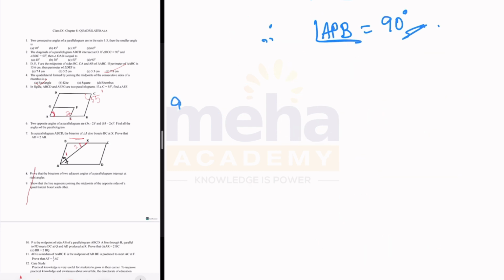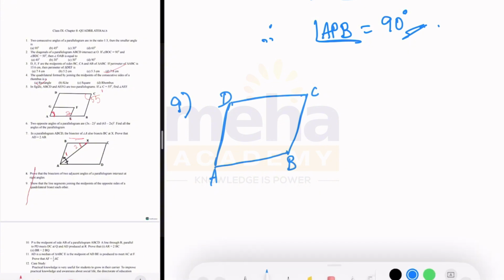Let us solve the ninth question. Show that the line segments joining the midpoints of the opposite sides of a quadrilateral bisect each other. So first let us draw a quadrilateral ABCD. They say the line segments joining the midpoints of the opposite sides of the quadrilateral bisect each other.